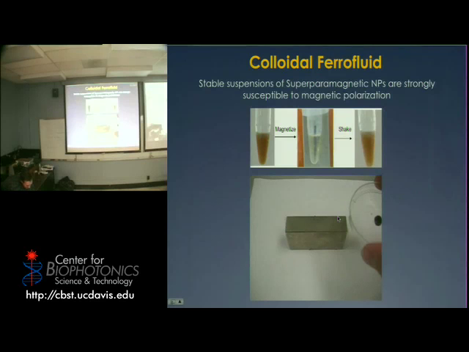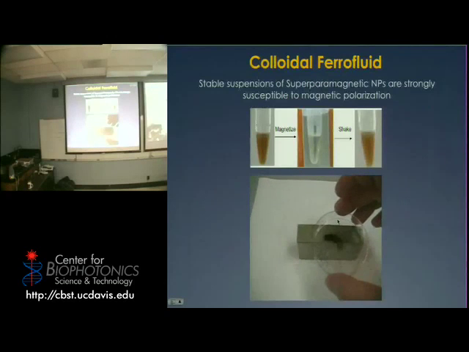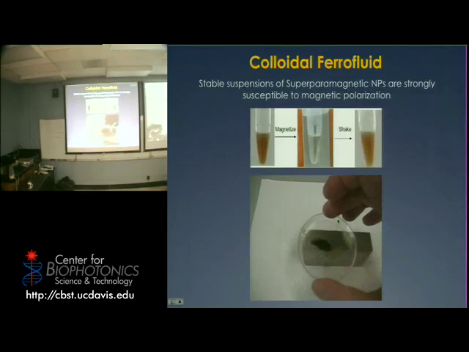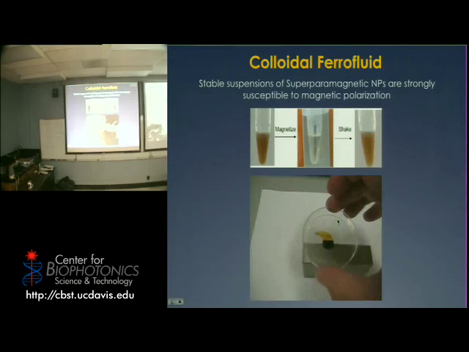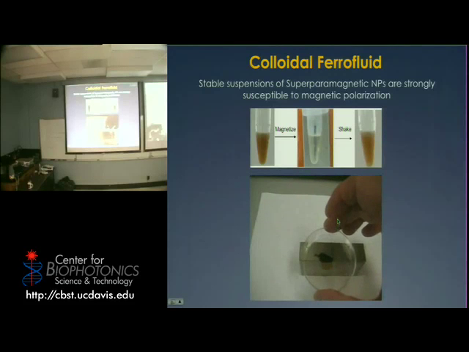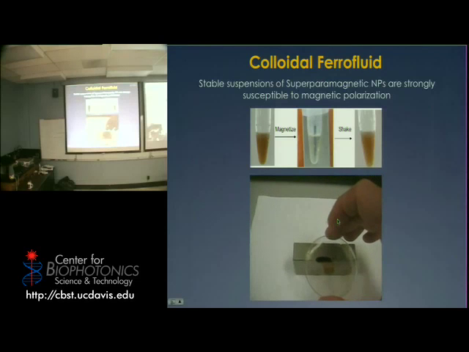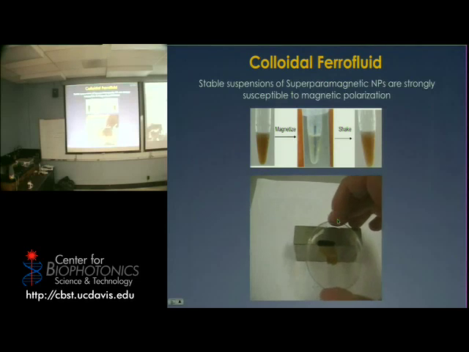Basically, that's a big magnet. Do you see it? Where the magnet is, it forms a line. You can tell that there is some attraction, but you don't see any crashing out like you see right there.